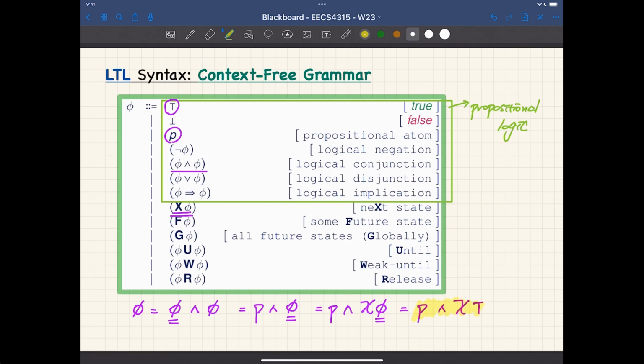Let me give you some terminology. We'll do exercises later. This is a so-called valid LTL formula, derivable from the grammar.